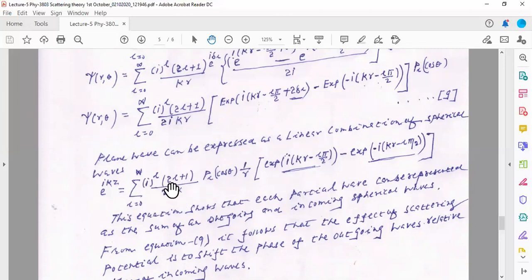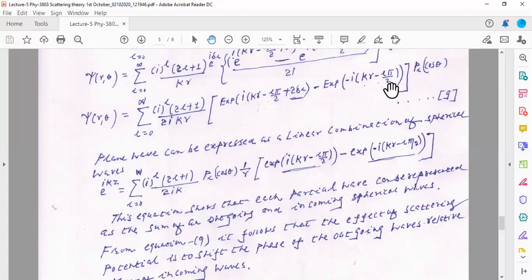This equation indicates that each partial wave, L equal to 0, L equal to 1, can be represented as a sum of outgoing as well as incoming spherical waves.